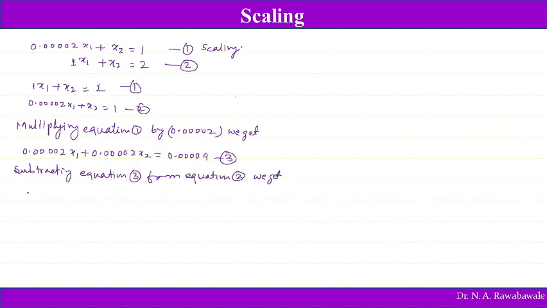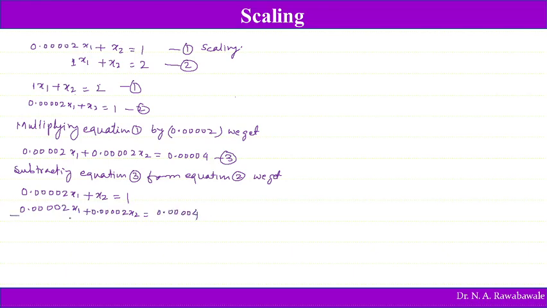now if we subtract equation 3 from equation 2, first we write equation 2, 0.00002 x1 plus x2 is equal to 1, and then 0.00002 x1 plus 0.00002 x2 is equal to 0.00004.